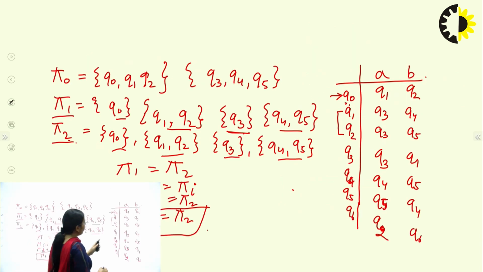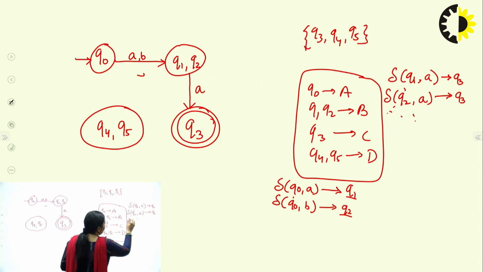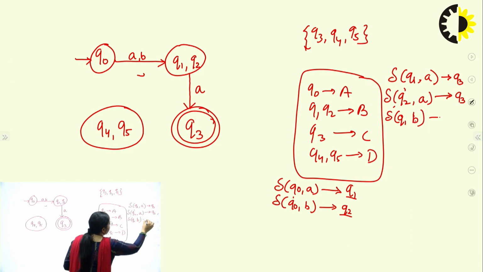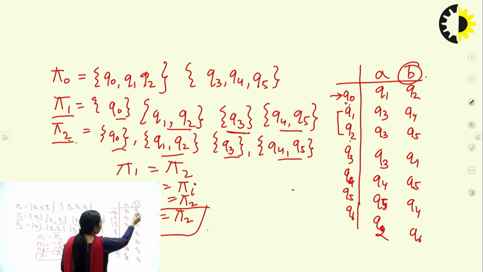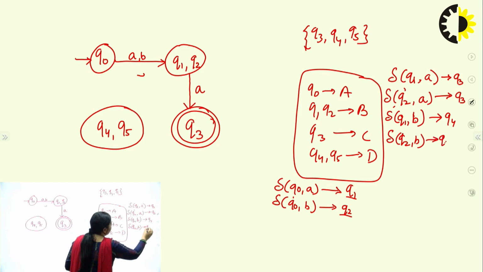Now we have to check for another input, that is B. So Q1 on B goes to Q4, del of Q1 comma B goes to Q4, right? Now Q2 on B goes to Q5, del of Q2 comma B goes to Q5.